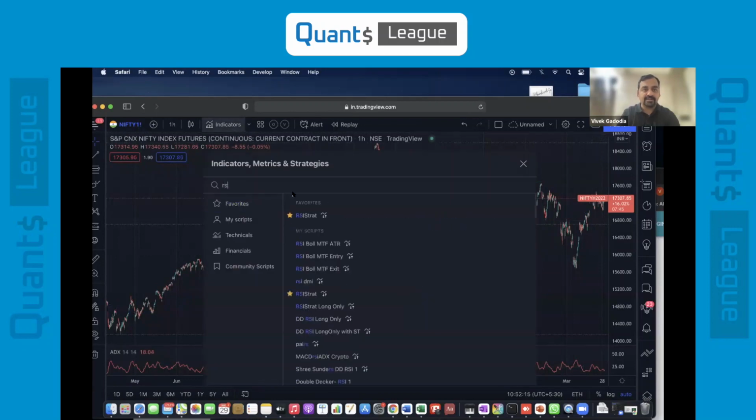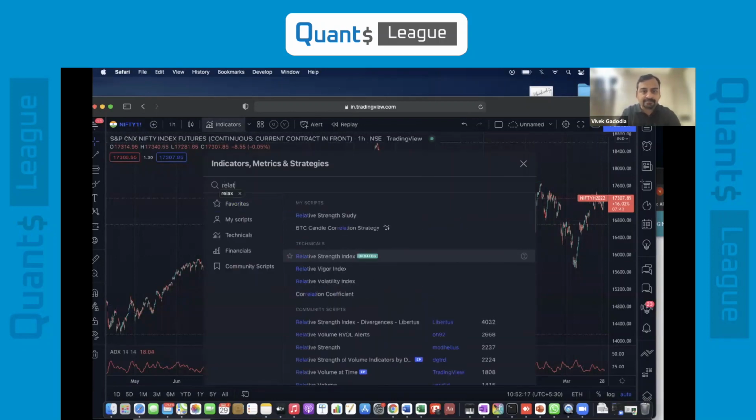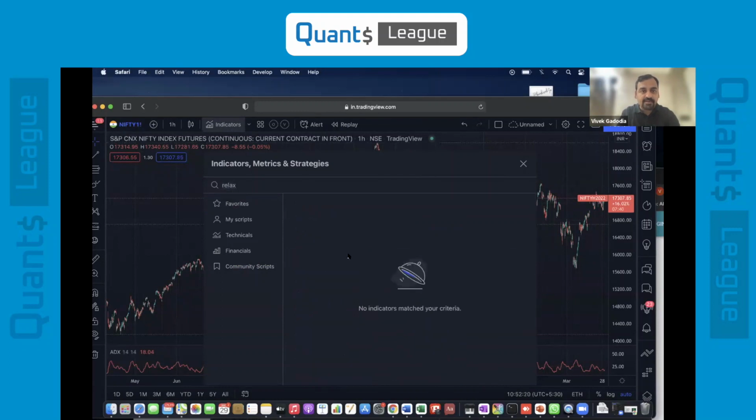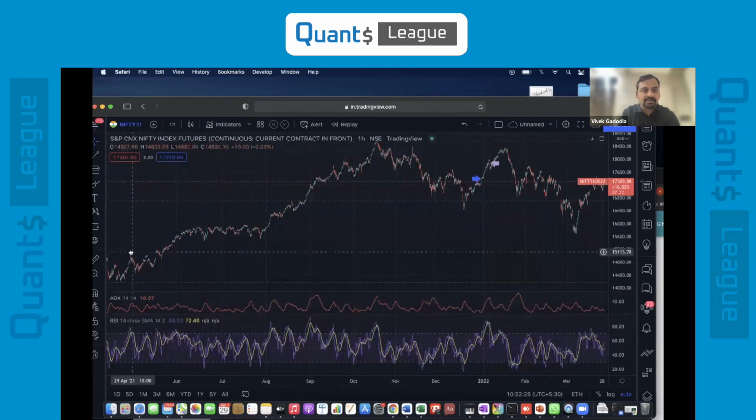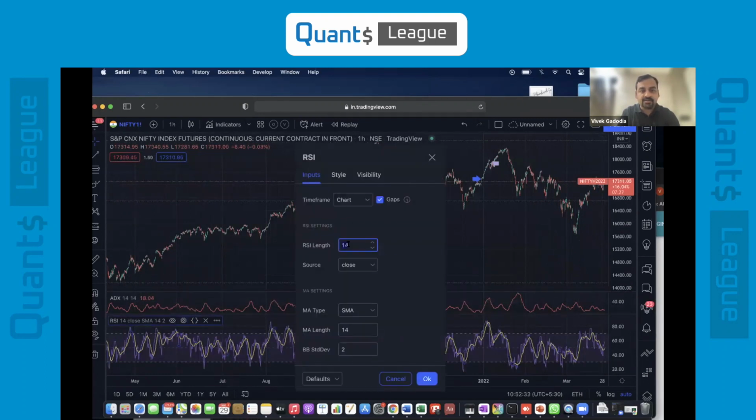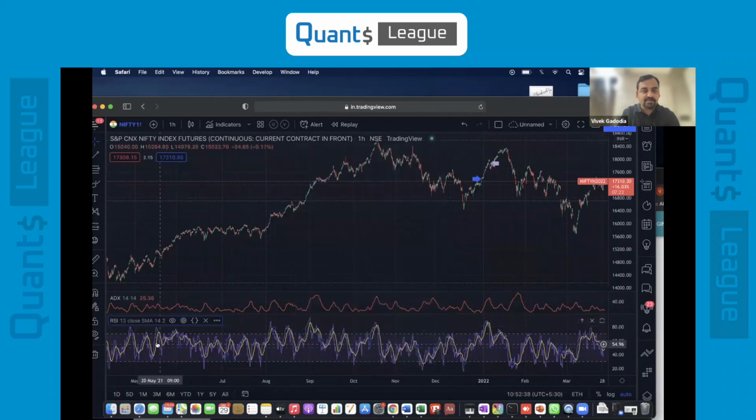So we'll go to RSI. I'll make it 13 period. So now this RSI 13, just forget the SMA of this. RSI 13 should be above 50 for a long trade. Okay, the RSI 13 should be above 50.